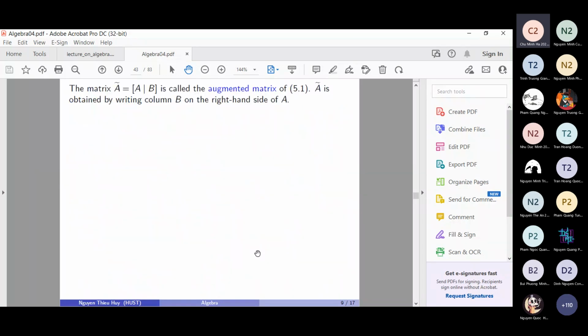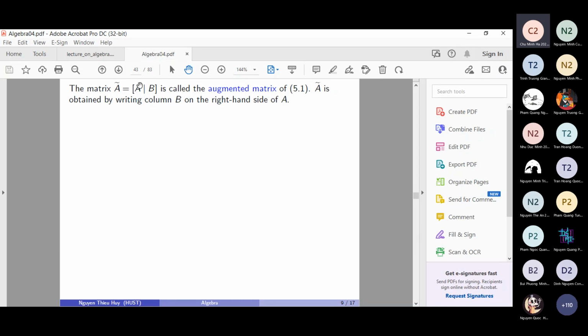And good. Then we have the following notion. It is defined by writing column b on the right hand side of the matrix A. And you use a very thin slash here. You can write it or you don't have to. I write this slash here just for you to distinguish between two blocks here.